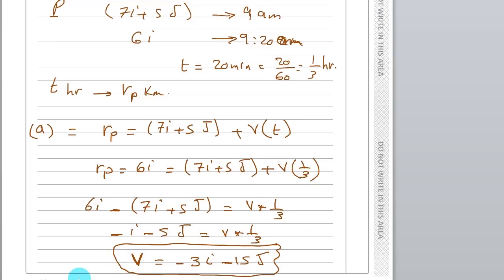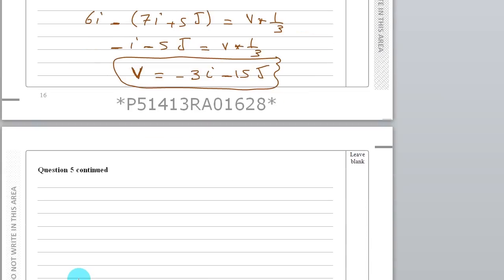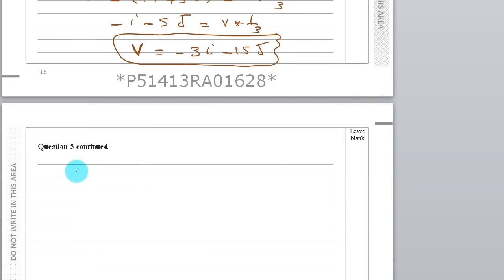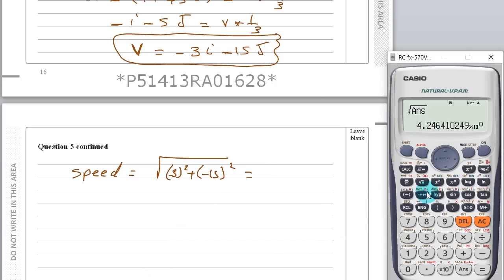Now the speed is equal to the square root of 3 squared plus minus 15 squared, or the square root of 9 plus 15 squared, which will equal 3 square root of 26.